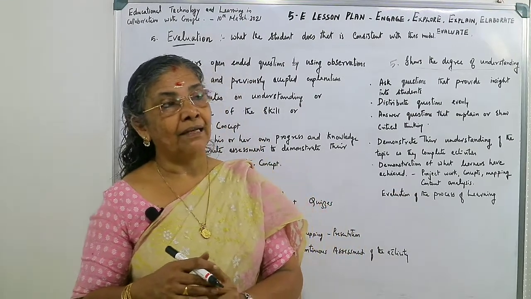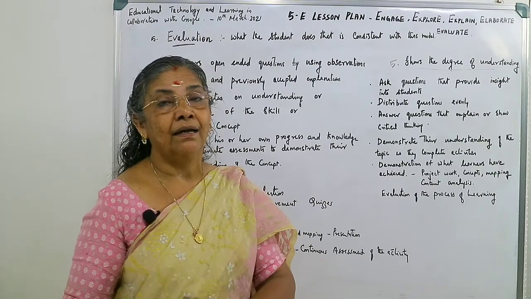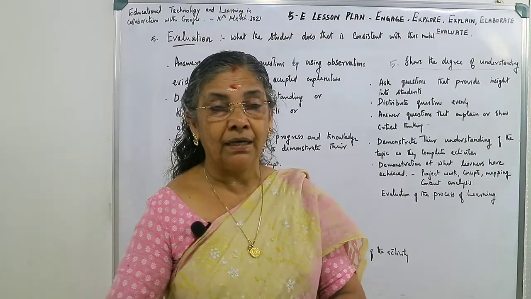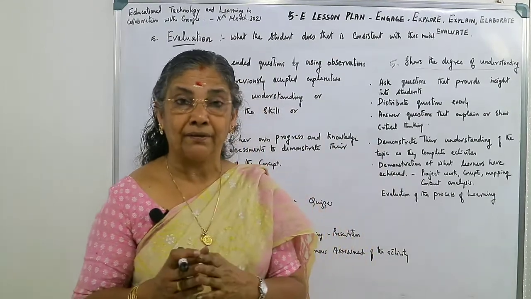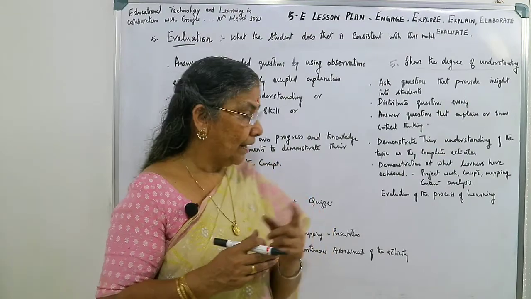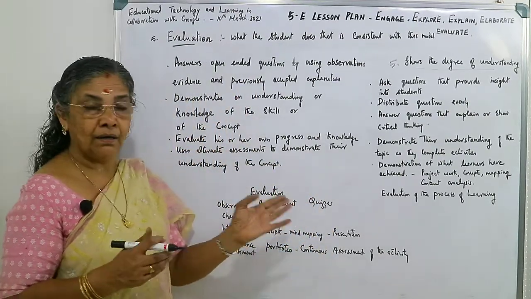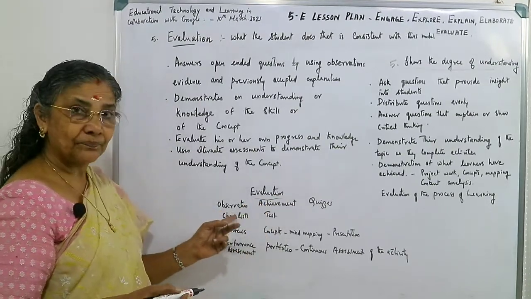Really, when the application comes to the level of the fifth E, we have to evaluate from the first to the last. All the process should be evaluated. That is the real norm of the 5 E's. And here are some more points. The evaluation, that means observation.